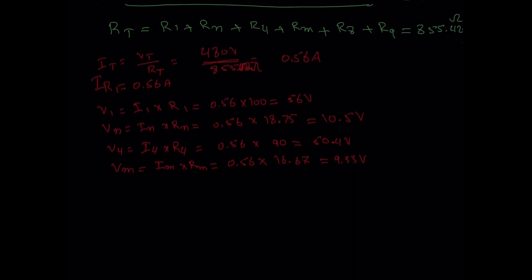Now V8 will be I8 times R8. So there will be 0.56 times 600, which will give me 336 volts.